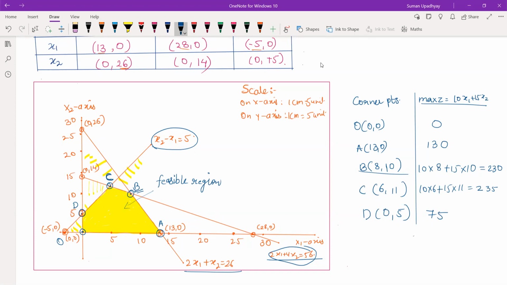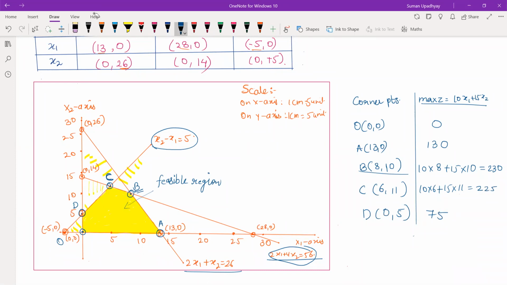Right, kids? Or have I done anything wrong? Just do the calculation and see is this right. 60 plus 15 into 11, 225 आएगा ना, 235 नहीं आएगा, 225.